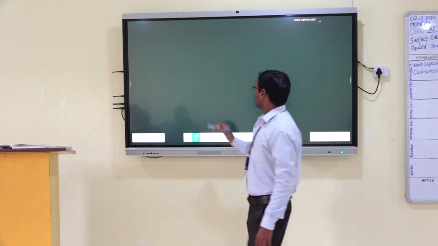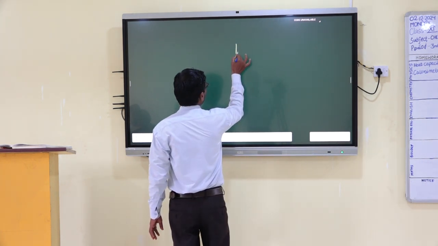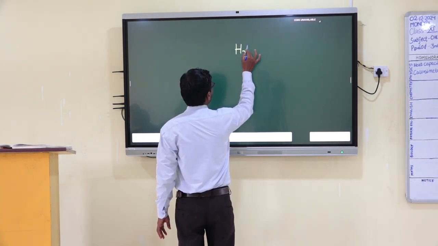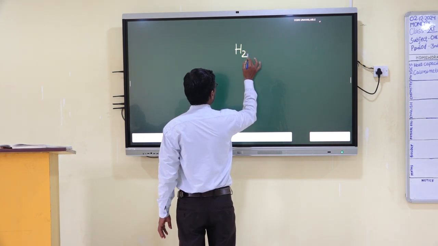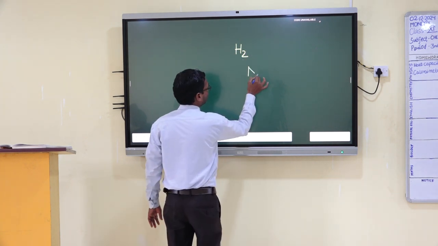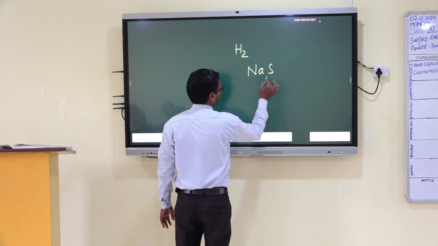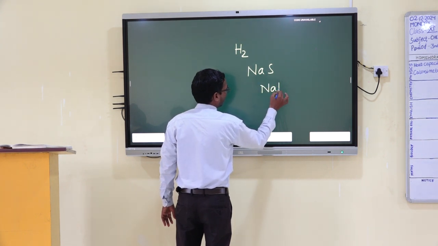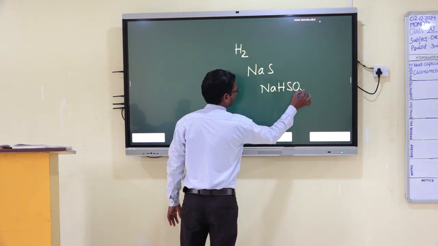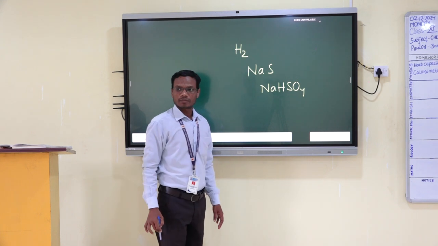Now find the oxidation state of sulfur in NaHSO4. This is sodium bisulfate.